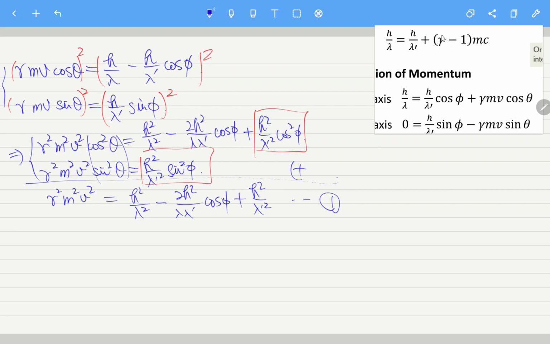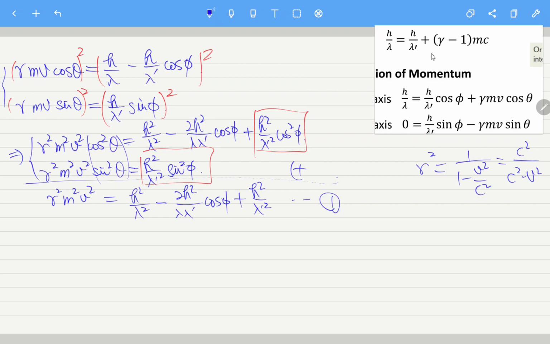So maybe we can just move this term to one side and the other term to the other side, and then take the squares to see whether we can simplify something. Because if you still remember, gamma square is 1 over 1 minus v square over c square, which is c square over c square minus v square. Yeah, like this.